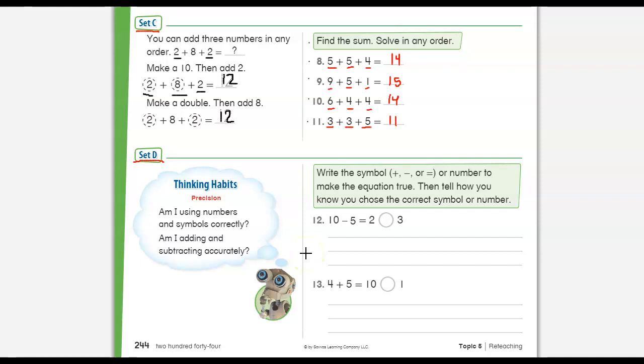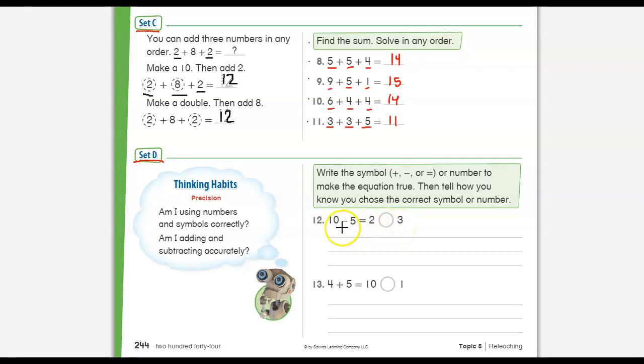So just like we saw in our first part of our activity, in these equations, we have two separate equations. In number 12, we have 10 minus 5 equals 2 blank 3.